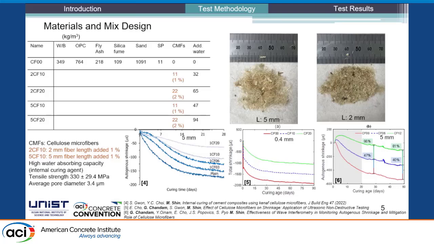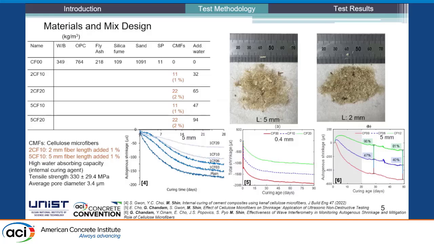And the materials and mix design. The variable for our study is the fiber, which is of 5 millimeter and 2 millimeter length. Why we chose this variable is that we know 3D PC might be subject to shrinkage, and our previous study proved that using this kind of material improves the shrinkage of the concrete.